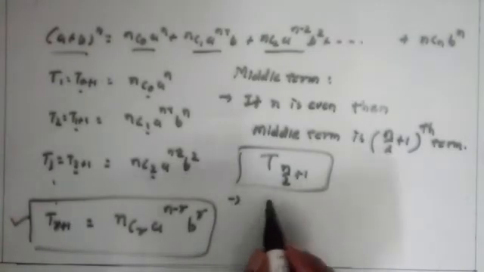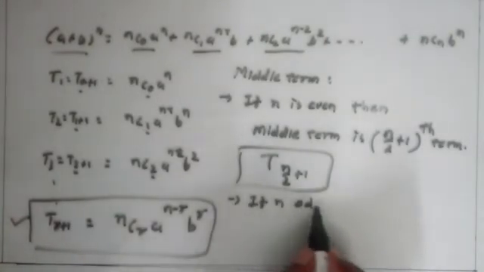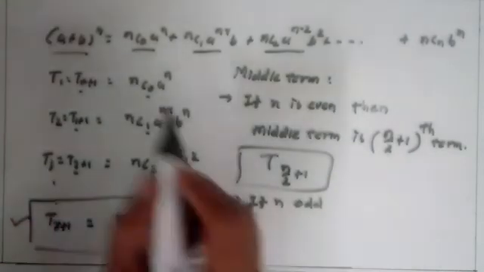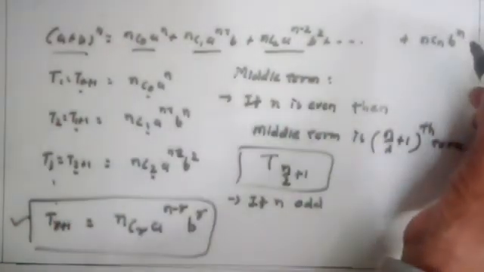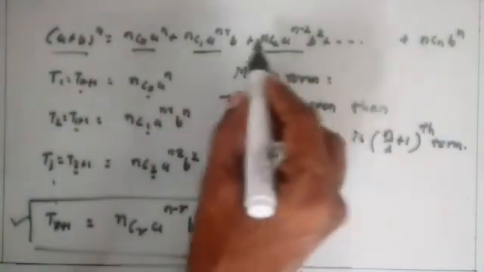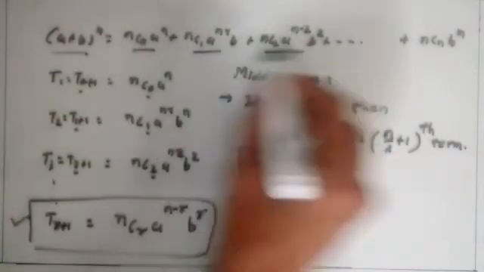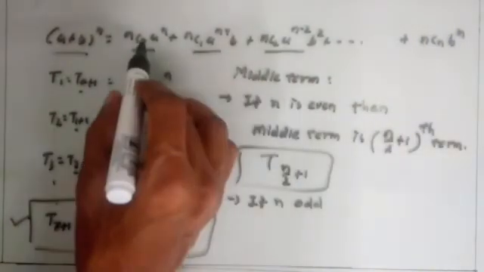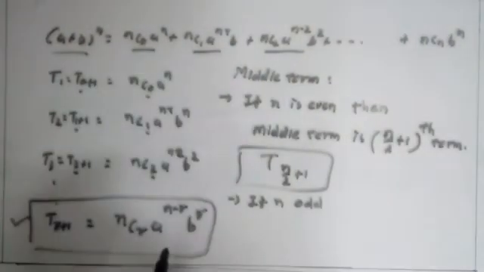And if n is odd, then the number of terms in the expansion of (a + b)^n is even, since n is odd and adding 1 becomes even. So there are two middle terms.